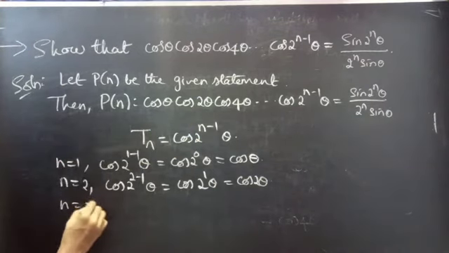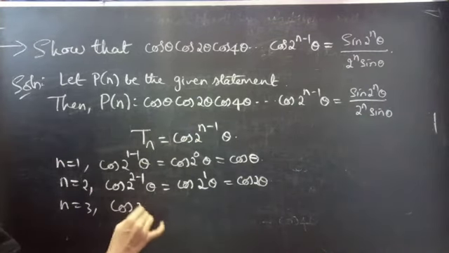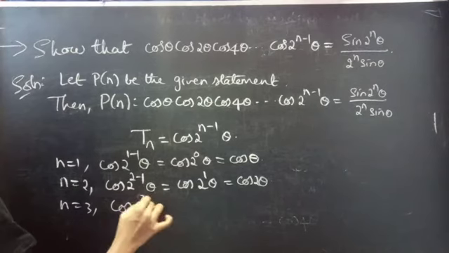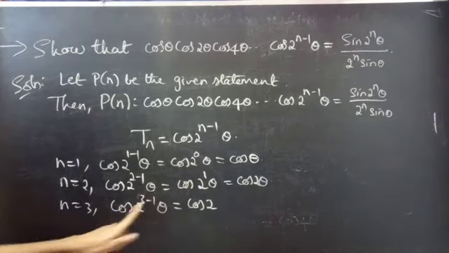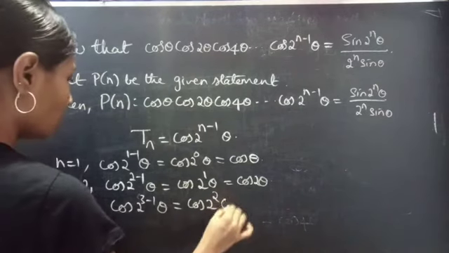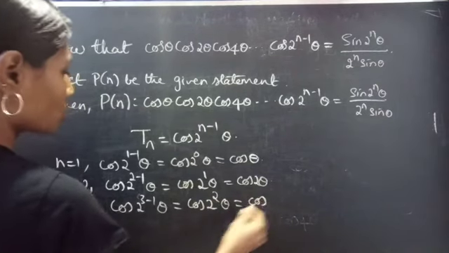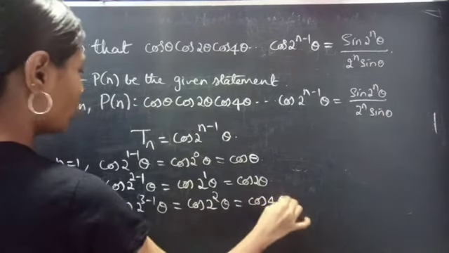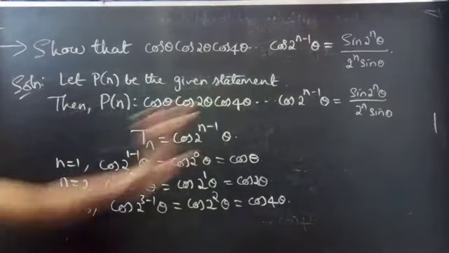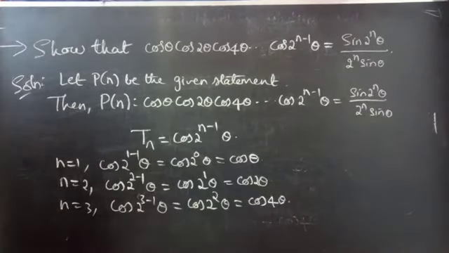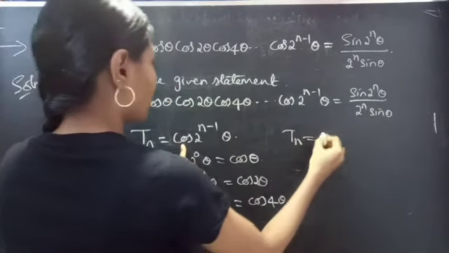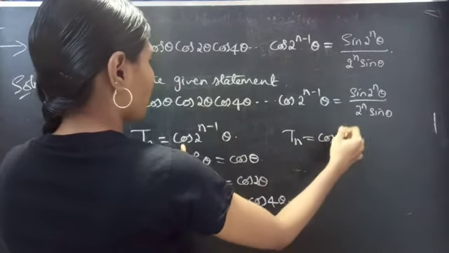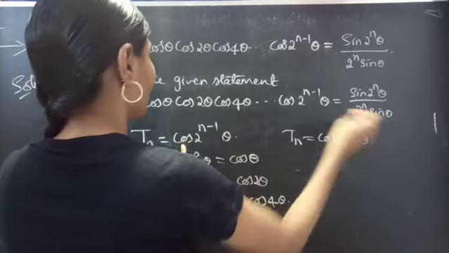Likewise, when n equals 3, cos 2 power 3 minus 1 into theta equals cos 2 power 2 into theta, which equals cos 4 theta, the third term, right? Likewise, when n equals n, we'll get simply cos 2 power n minus 1 into theta.